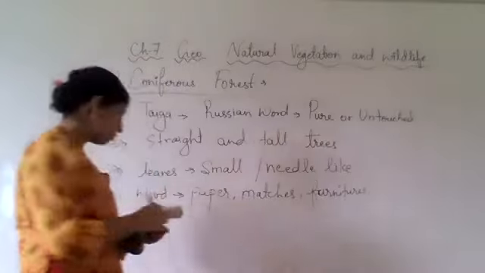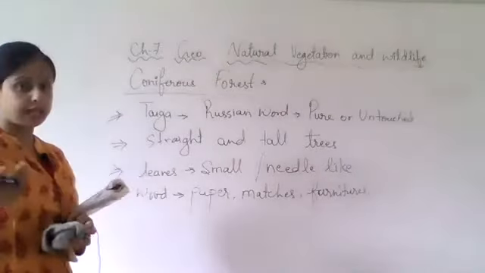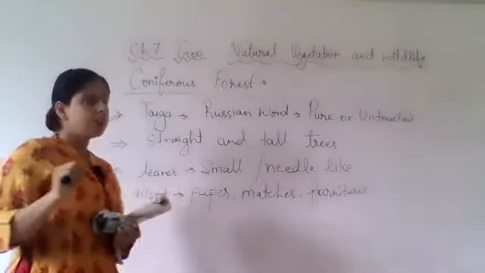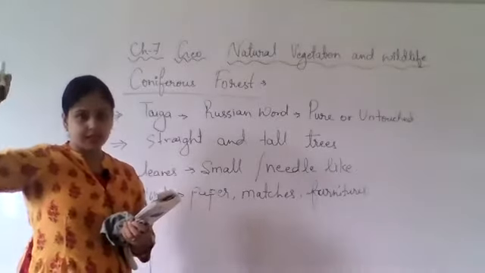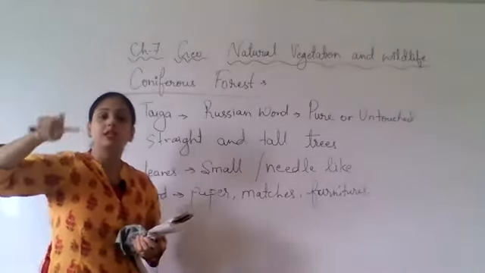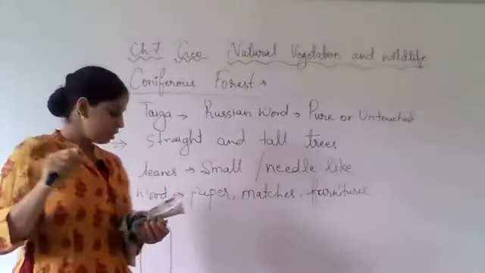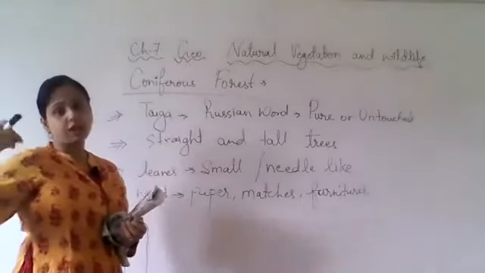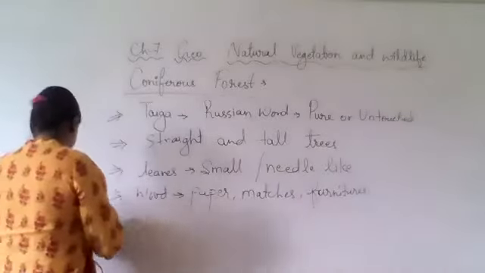So these forests are called taiga, which is a Russian word, which means pure or untouched. These forests have straight and tall trees, and the leaves are very small and needle-like. And the wood of these trees is used to make paper, matches, and furniture.